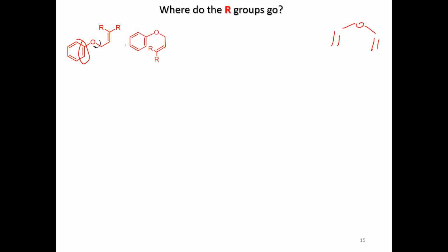You rotate, and you have that. If you can rotate the bonds so that it shows something like that, which is more familiar to you from the pericyclic reaction point of view, you now can do your rearrangement.